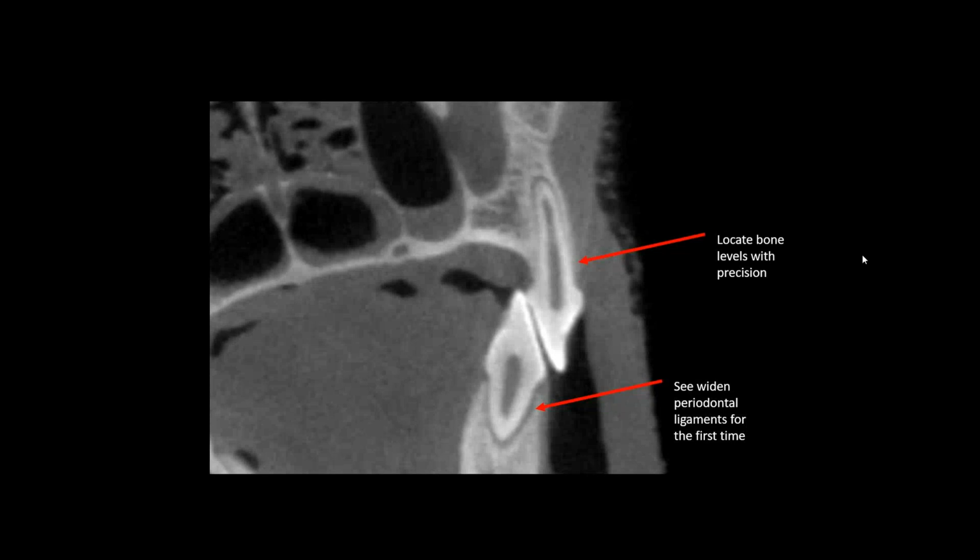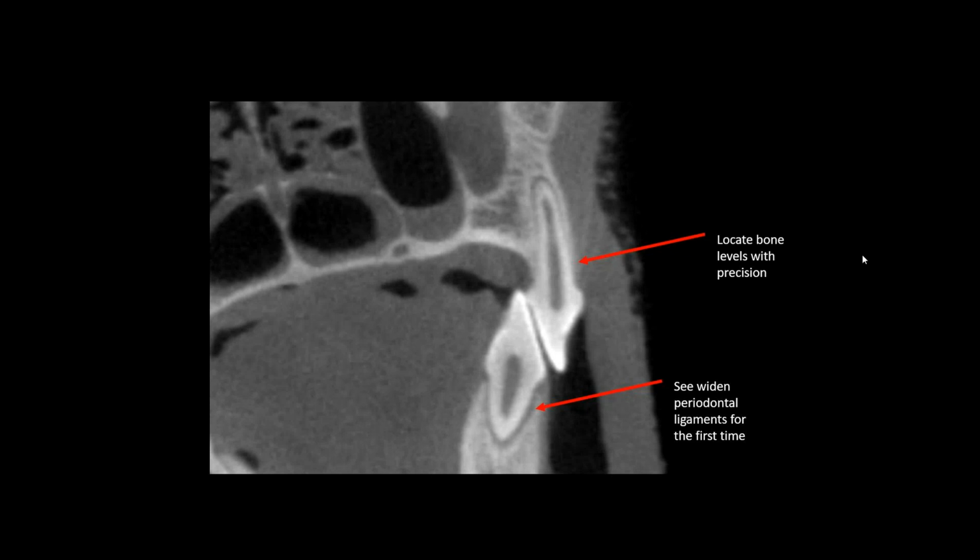Another aspect, a question I often get, especially in the beginning when you're not used to seeing these sort of images, is the bone level around the tooth. What is normal, what is not normal is a little different on the CT scan because there's so much information, in particular on the buccal and lingual side of the tooth. So for example, here we're looking at the buccal of this maxillary tooth.